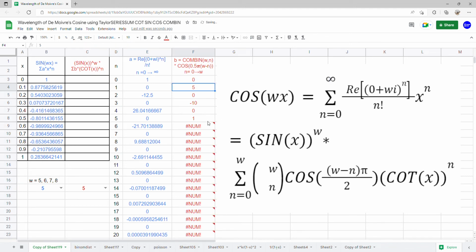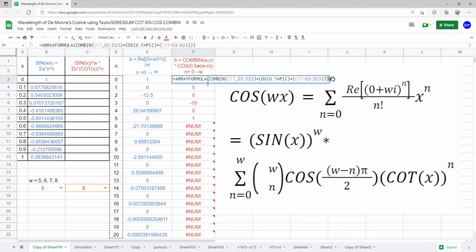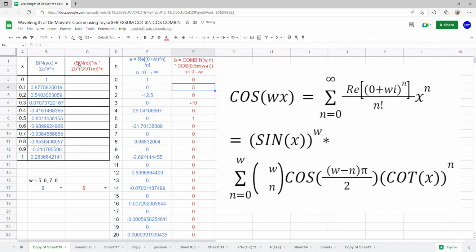We correct this because our n is from 0 to w, so it's only from 0 to w. So if n is greater than w, 0. Otherwise, calculate. Now it's corrected. Now we can complete the expansion, array formula.